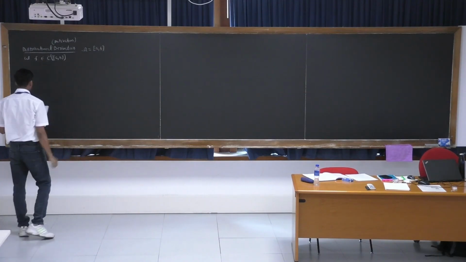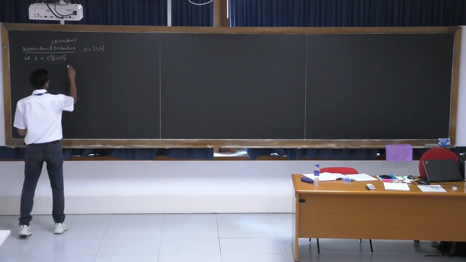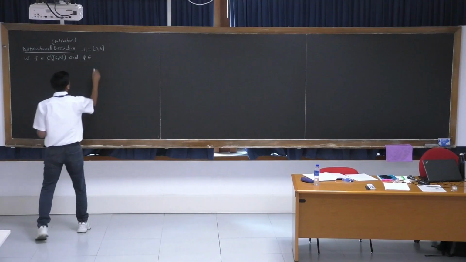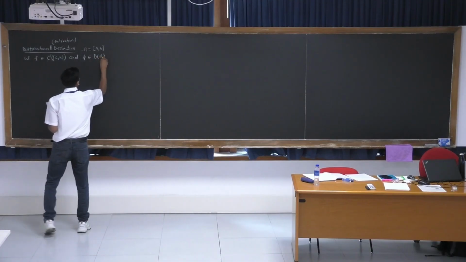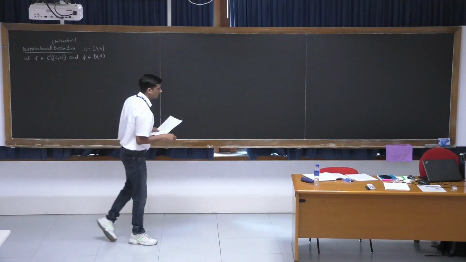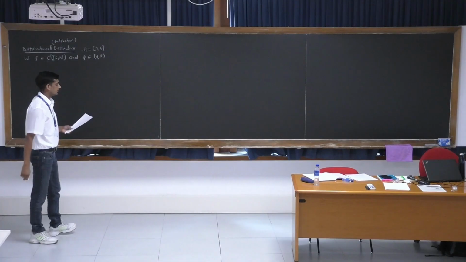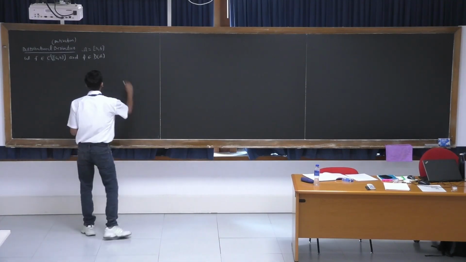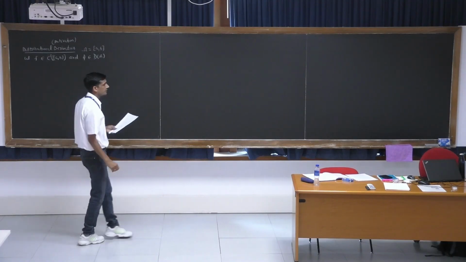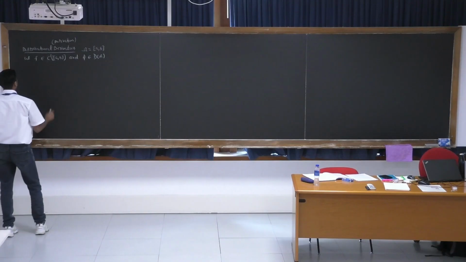So f belongs to C1, a continuous and differentiable function one time, and phi belongs to D of omega. As you know, yesterday in the last lecture we defined D of omega, and sometimes we denote this by some other C-infinity functions. So, integration by parts.